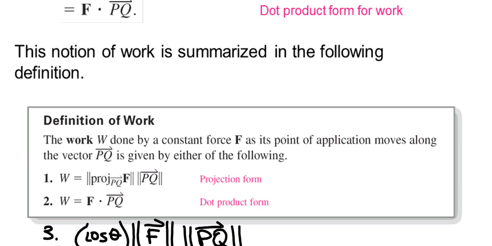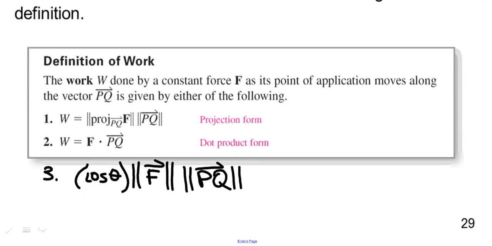So let's see. Here's the definition of work. The work W done by a constant force F at its point of application moves along the vector PQ is given by either of the following. Here's the projection form, the dot product form, and then here's that alternate form.